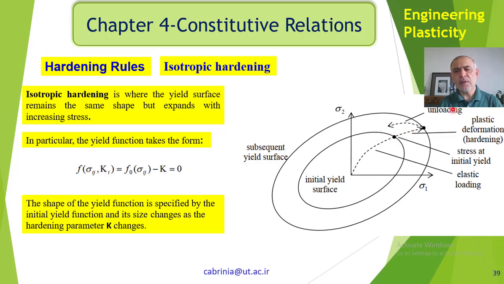The stress doesn't increase anymore, but the strain increases. But for strain hardening, the stress also increases. As you can see in this axis, the stress reaches that point B I showed you in the previous slide. So that's the plastic deformation and hardening, because sigma has increased.